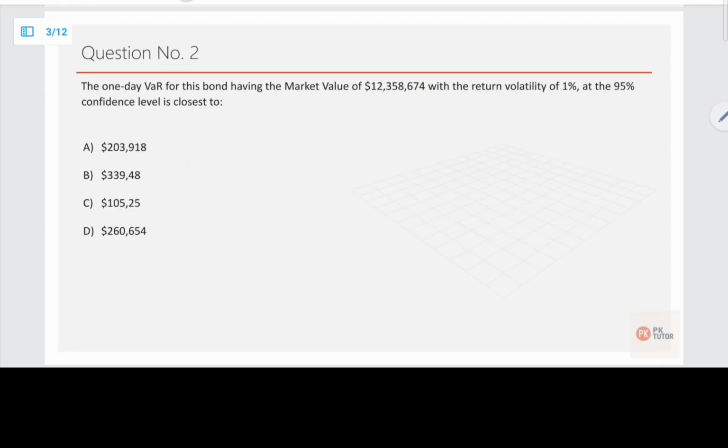Moving towards question number 2, it says that we have to calculate the 1 day VaR. We know that it is equal to what? It is equal to mu plus the z level, the sigma of return into the portfolio value. So they have given the portfolio value.